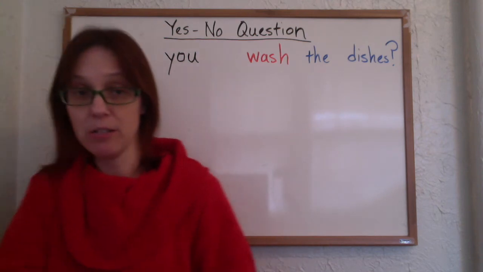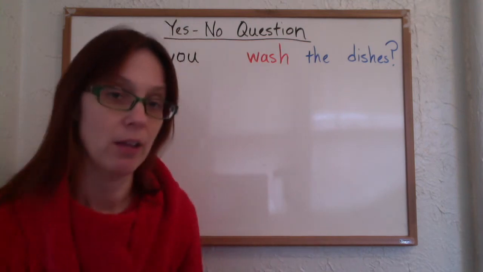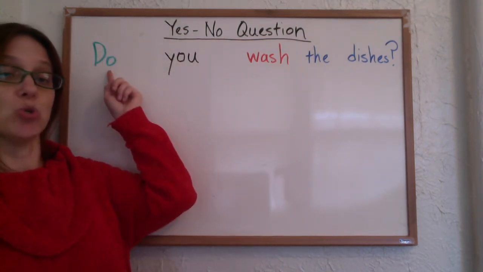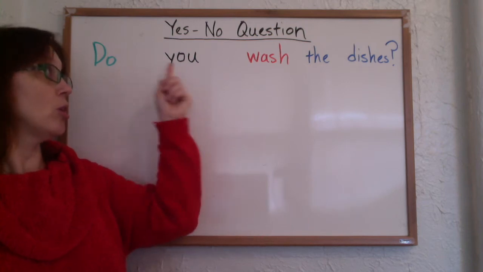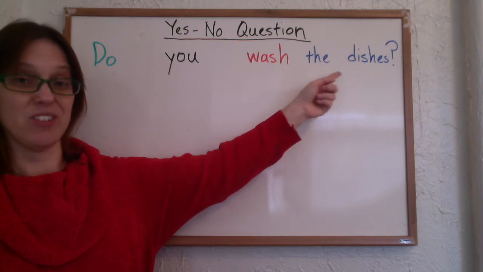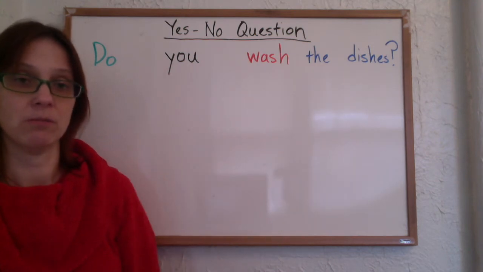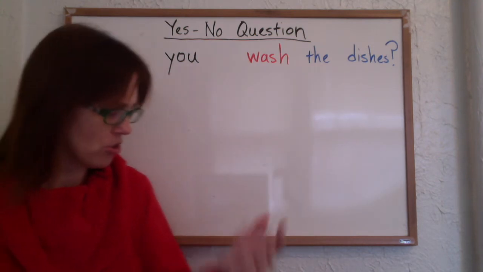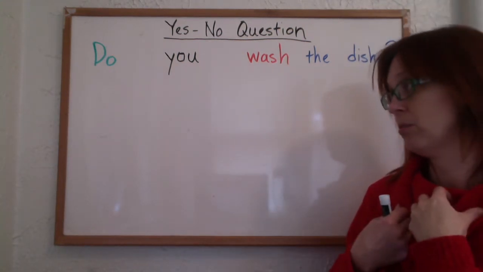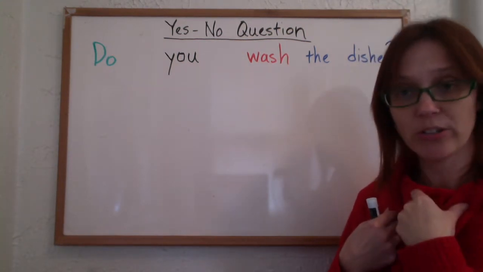The answer is yes or no. And when we ask questions in English, we use a new word, do. Do you wash the dishes? Yes, I do. Or no, I don't.